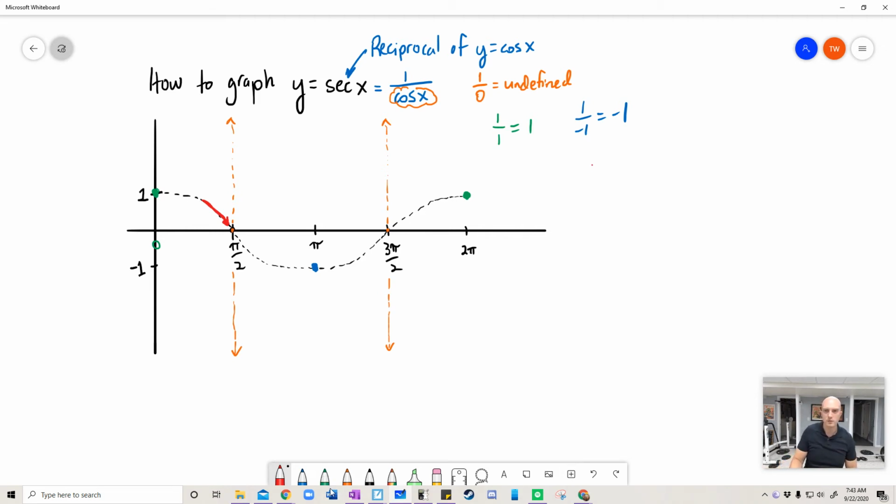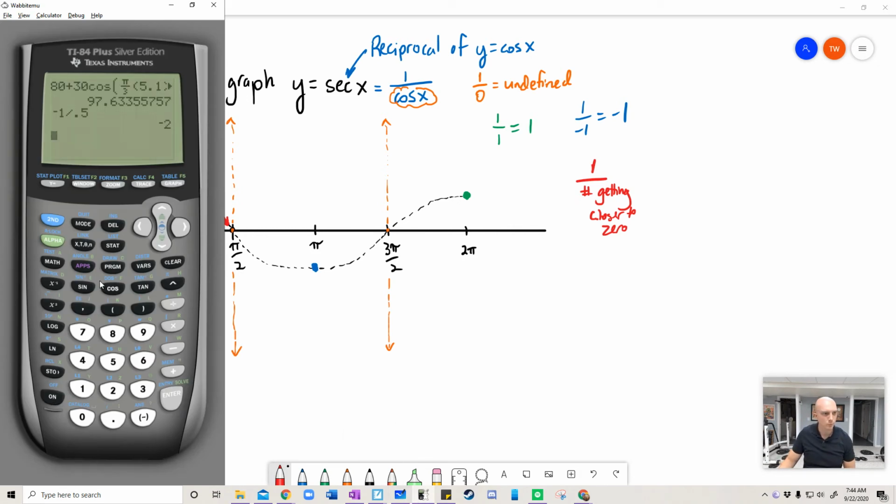If I do 1 divided by a number getting closer to 0. So if I take 1 divided by 0.5, I get a larger value. And if I divide by an even smaller value, like 0.1, I get an even larger value.